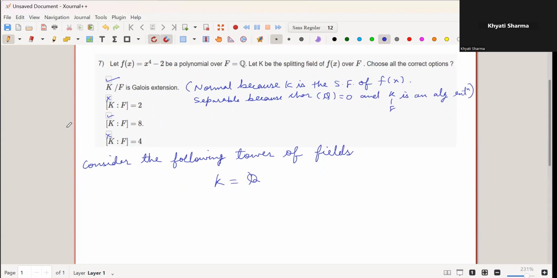What is the splitting field of this polynomial? It's the field that contains all roots of x^4 minus 2.